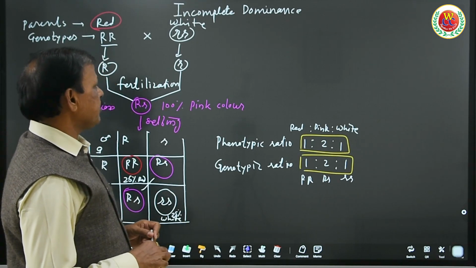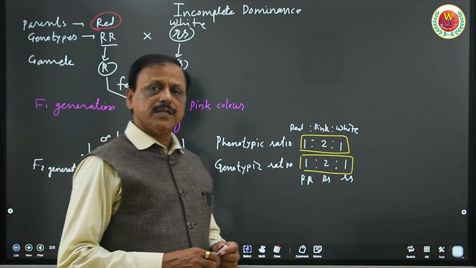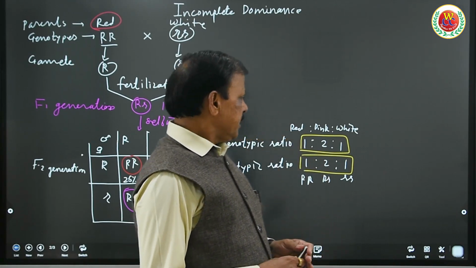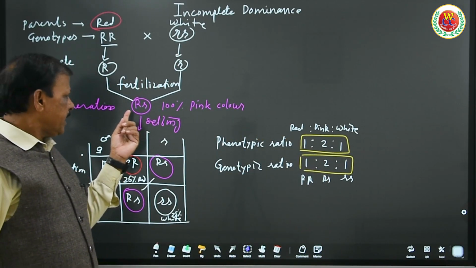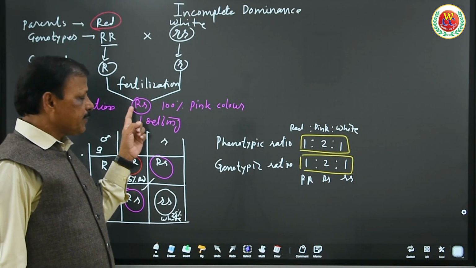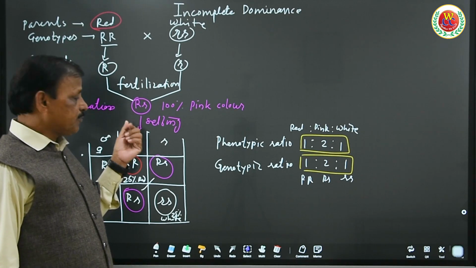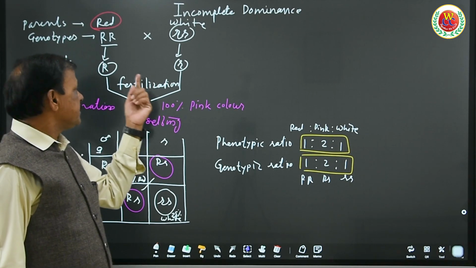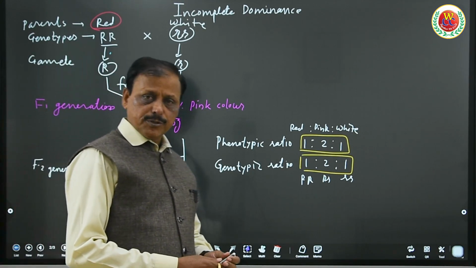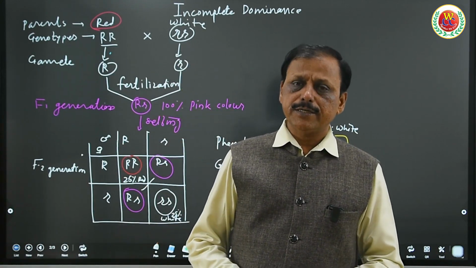And the flower we have already studied is the dog flower, also called snapdragon, also called Antirrhinum. It happens because neither gene is completely dominant, but both genes of the allelic pair contribute equally to form the intermediate trait, that is pink, not red, not white, but pink. This phenomenon is known as the law of incomplete dominance.